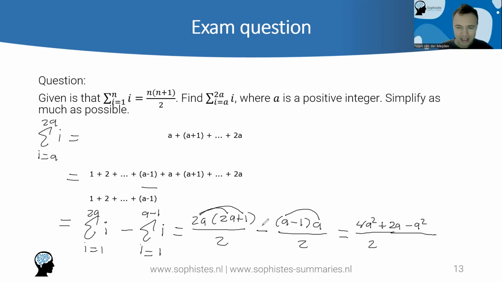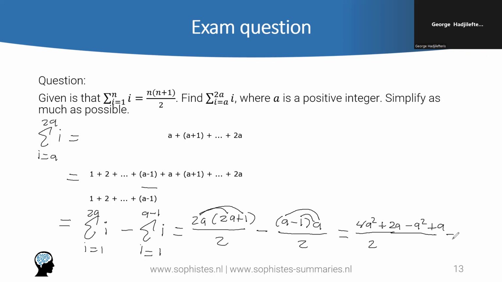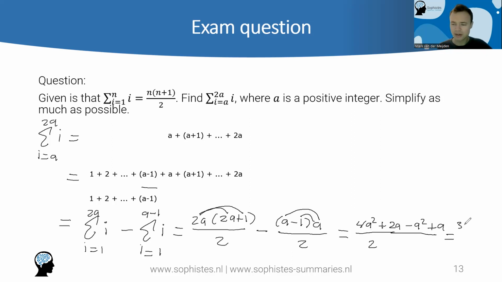And here we get minus 1 times a. So do we get plus a or minus a? Plus. Yes. And then we can do 4a squared minus a squared to get this 3a squared, and then 2a plus a to get 3a. And this is our final answer.